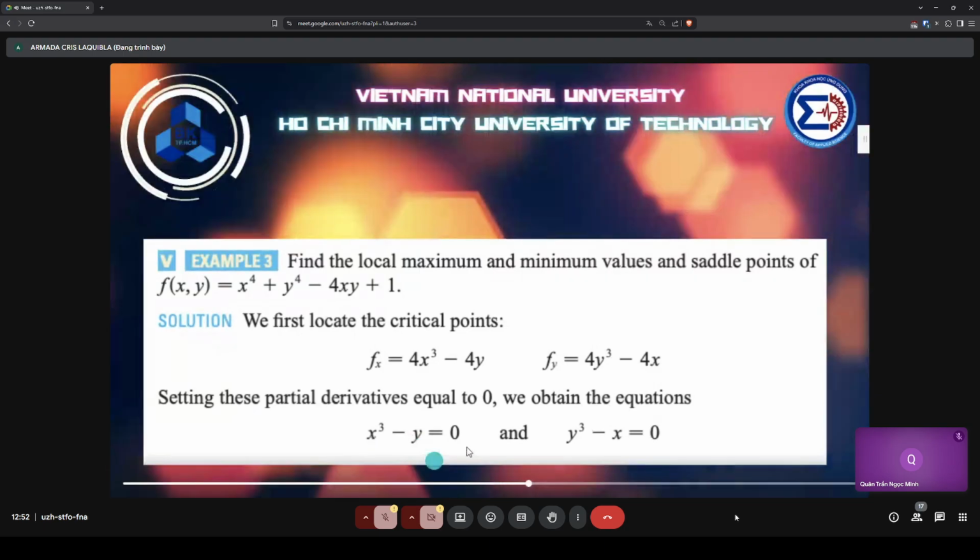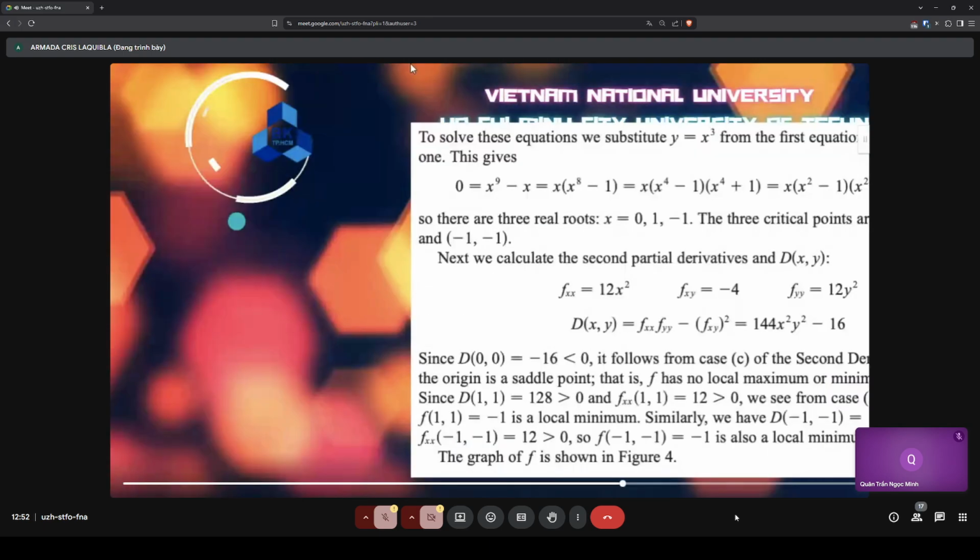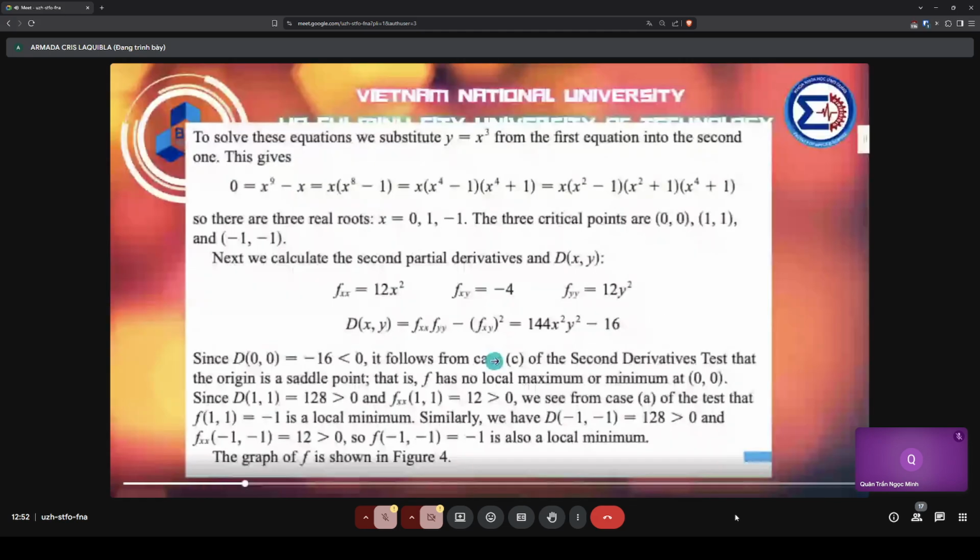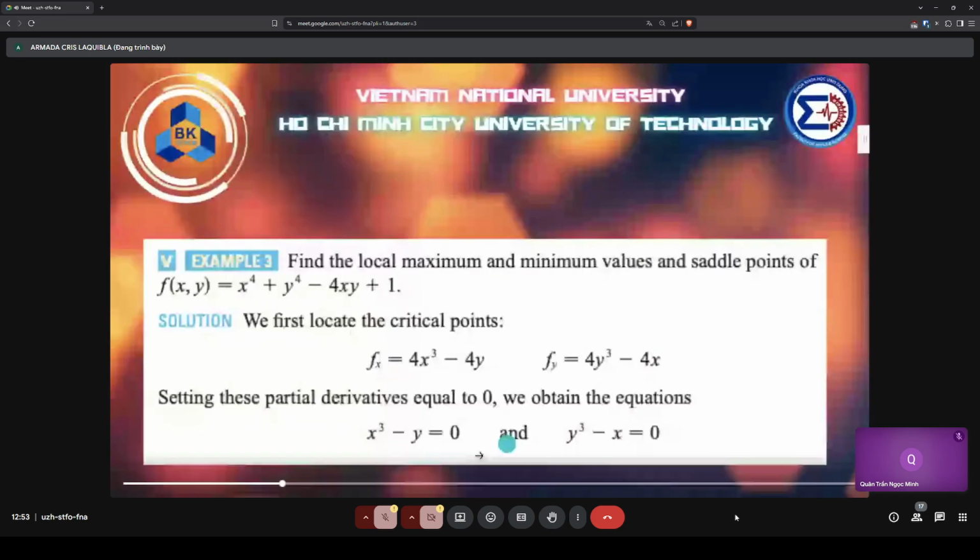So your y is also 0. Next, if your x is 1, transfer the y there to the other side. So 1 equals y. So partner 1, 1 also is y. So it's here, 1, 1.